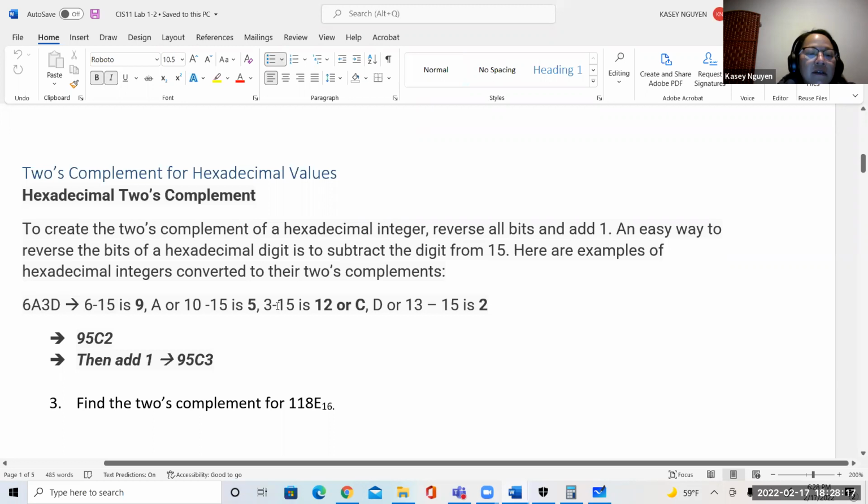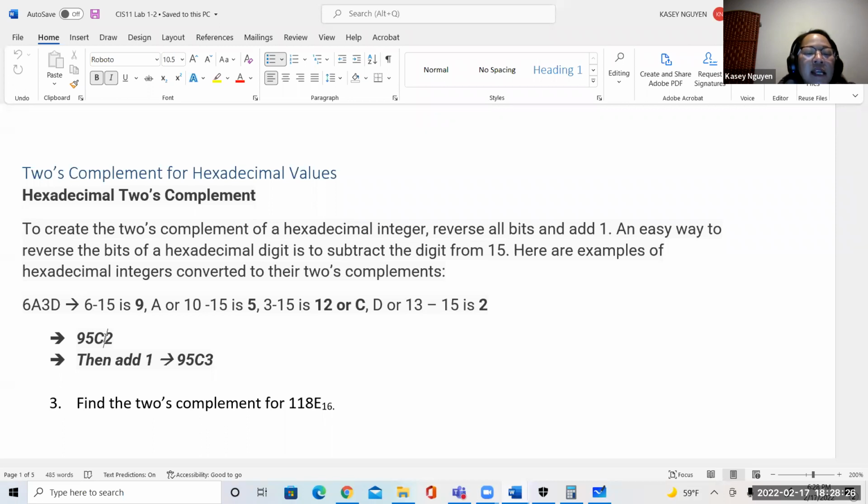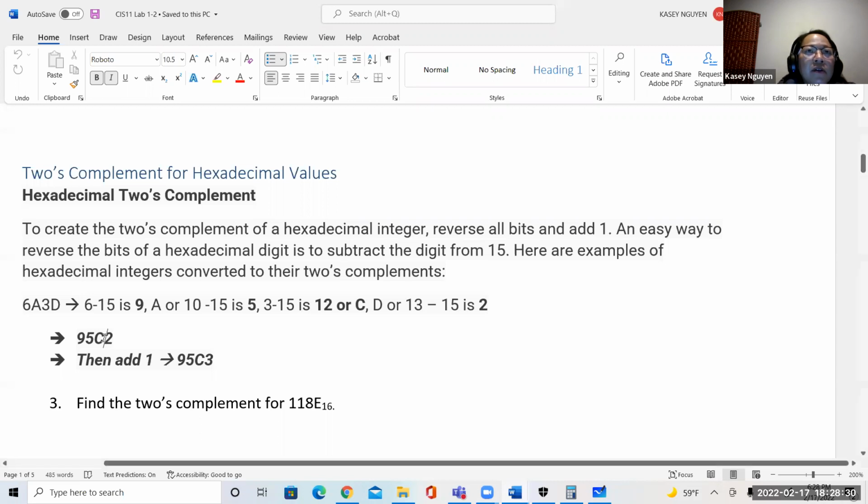Then the next digit is going to be C. And as you recall, A is 10, B is 11, C is 12, right? So 12 or C.